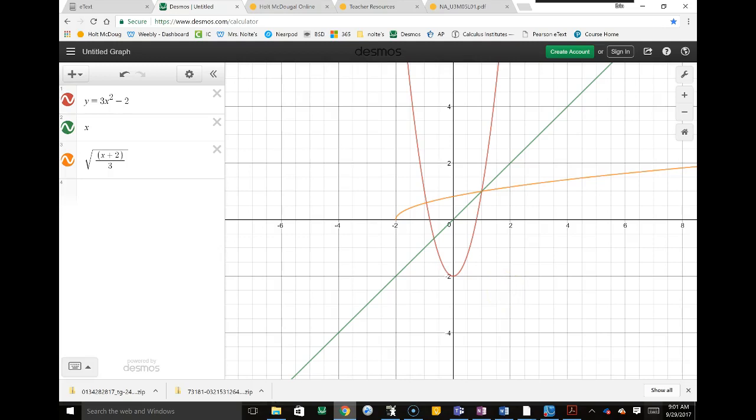Okay, so let's talk about that idea of not being a function. Is there a way that we could have restricted the original function so that it did in fact match exactly what Chaz has? Okay, by restricting the domain, right?